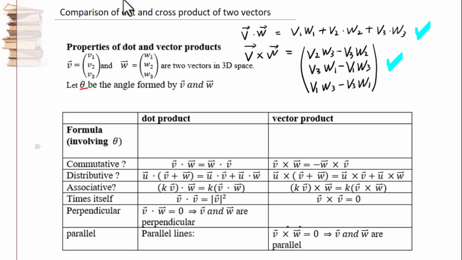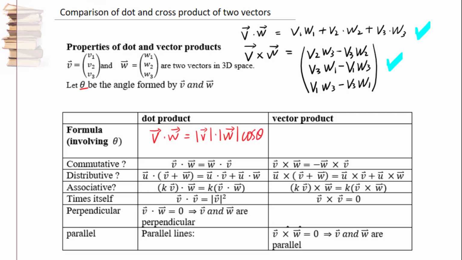Let theta be the angle formed by vector v and vector w. The formula involving theta for dot product is v dot w equals length of v times length of w cosine theta.